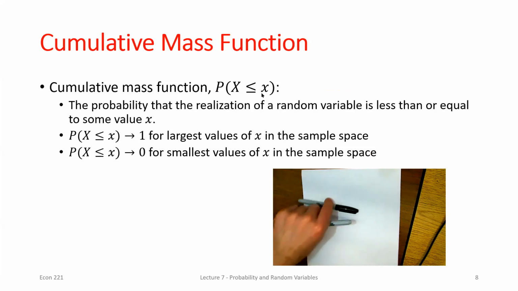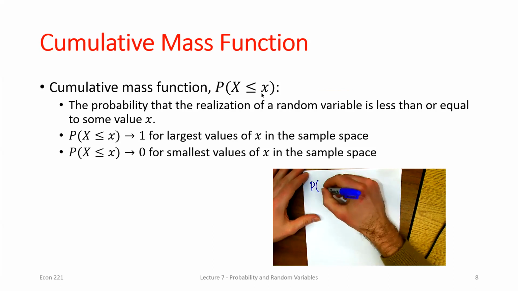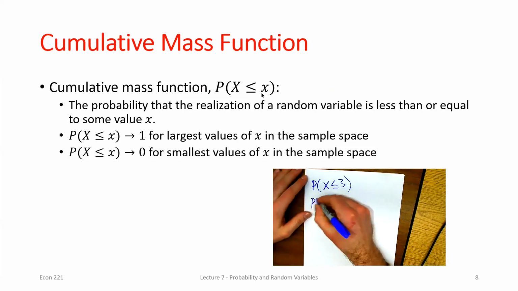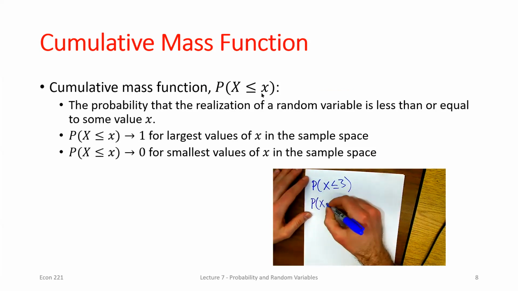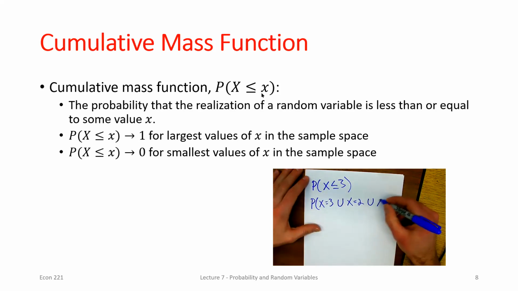So let's say I want the cumulative mass function for the probability that X is less than or equal to 3. What I can do is rewrite this. What this is really saying is, what's the probability that X is equal to 3, or, using our union, X is equal to 2, or X is equal to 1, or X is equal to 0.